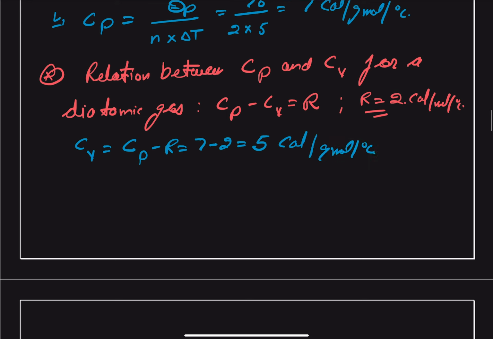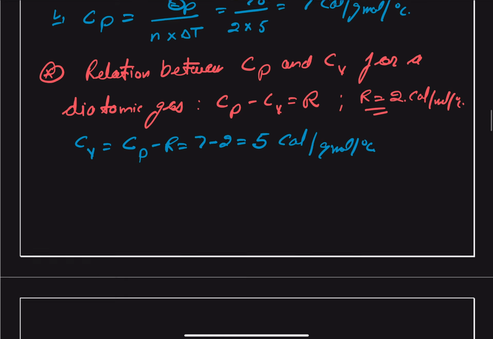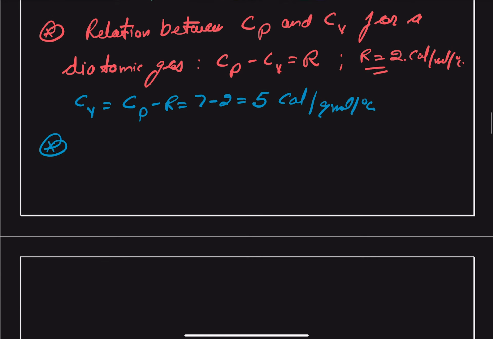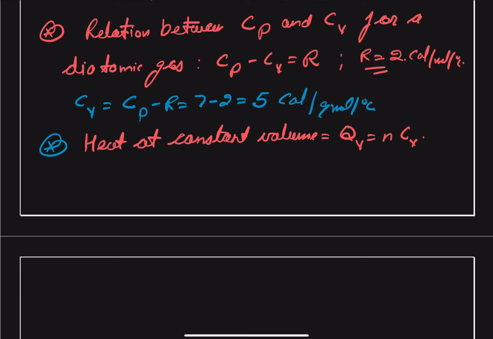And the same formula, but now with respect to Qv. So we can write that heat at constant volume, represented as Qv, will be equal to N multiplied by Cv multiplied by delta T, and delta T, the temperature range, is the same as given in the question, so we can directly substitute the values.